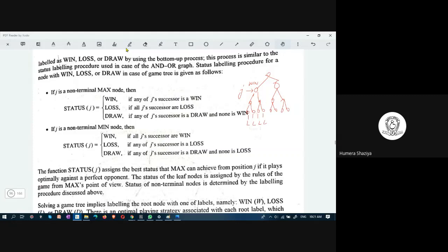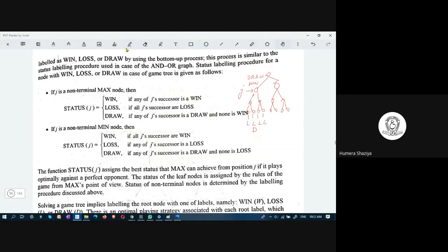Draw is when any of J's successors is a draw and none is a win. From here there are four successors. If any one successor is a draw and no other successor is a win, then this node is labeled as draw.